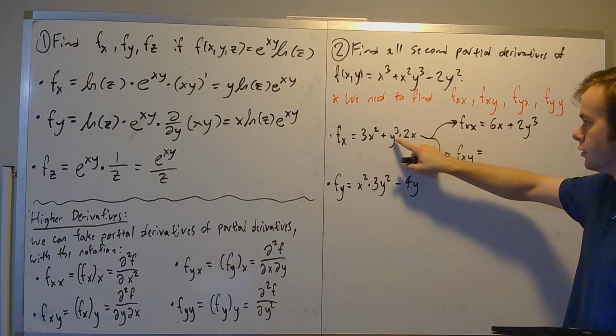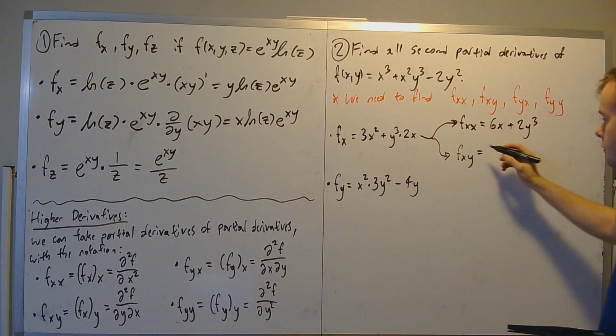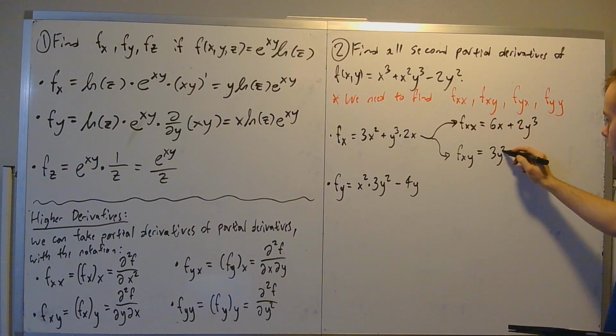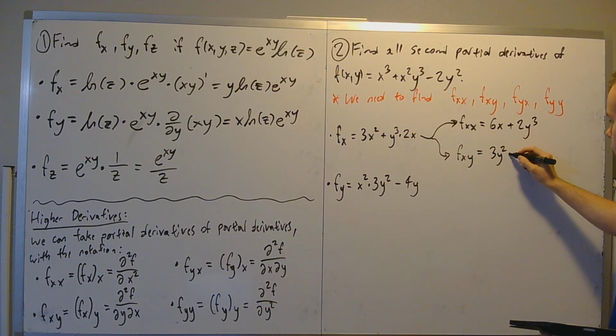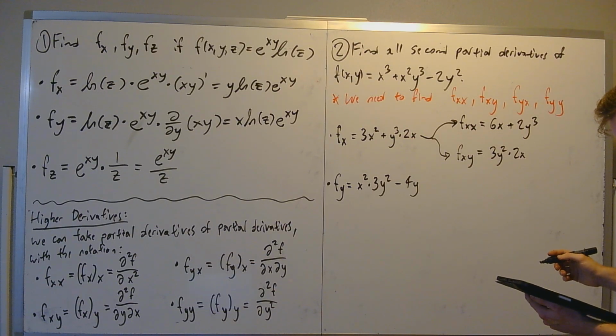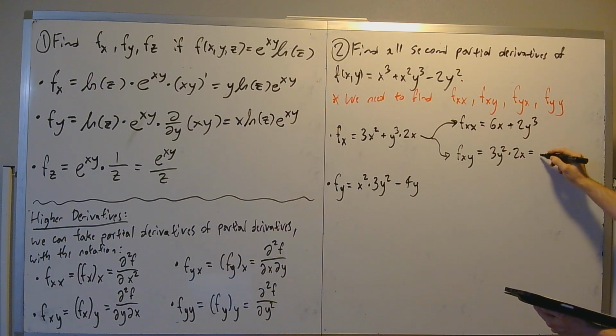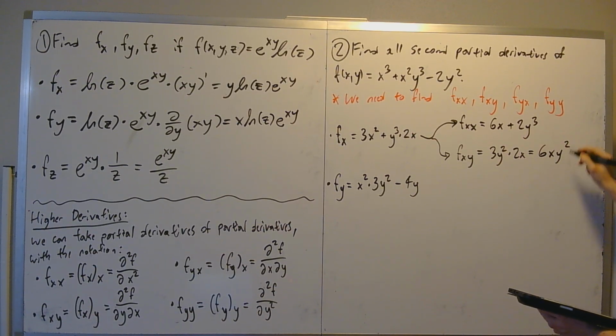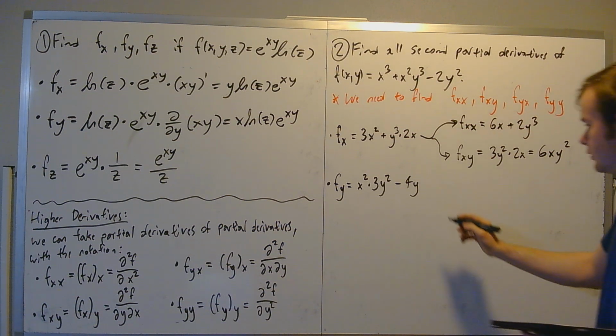This is a constant. So we've got the derivative of this, which is 3y squared times the constant that's left over. Right. So that would be our answer for that one, which we can rewrite as 6xy squared. Okay.